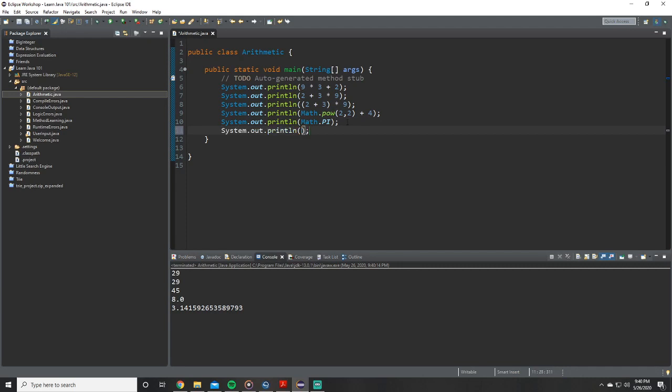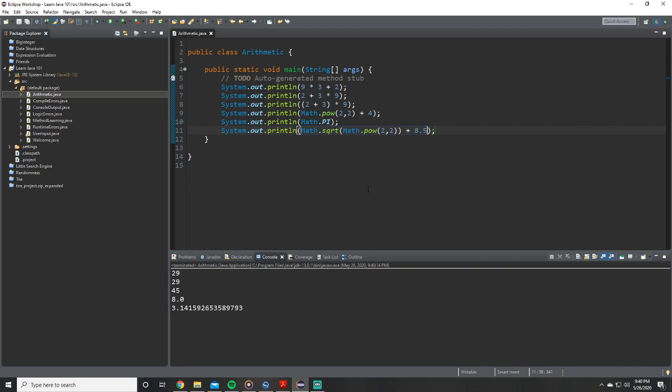Now I could also do this. I want to do Math.sqrt on a Math.pow of 2 to the 2, plus 8.5. So this is the mathematical equation of the square root of 2 squared plus 8.5, which should be 10.5.